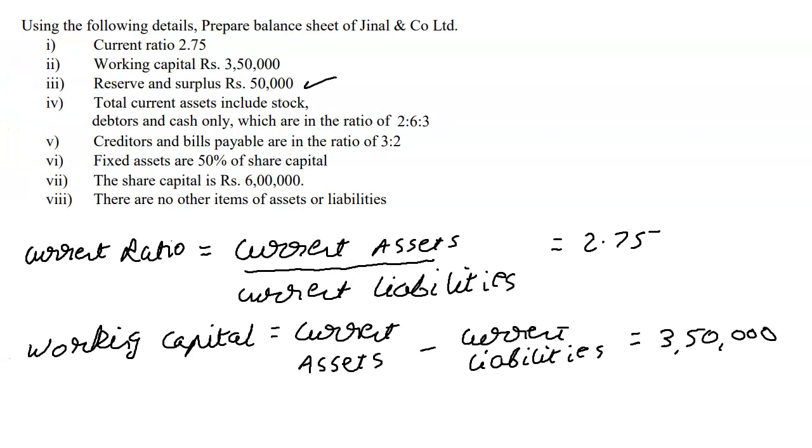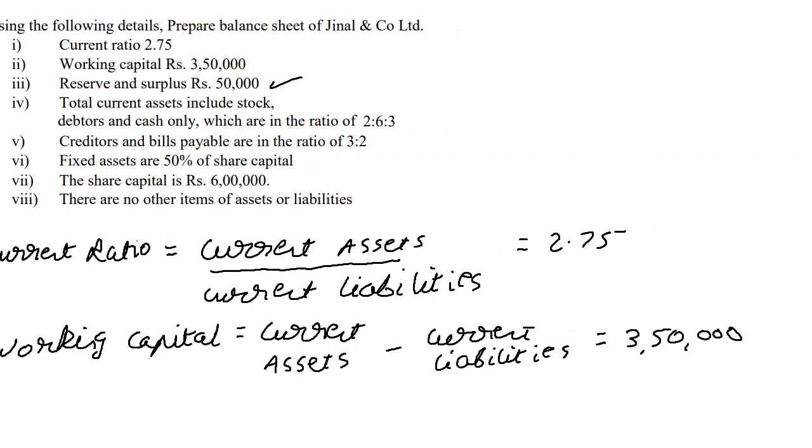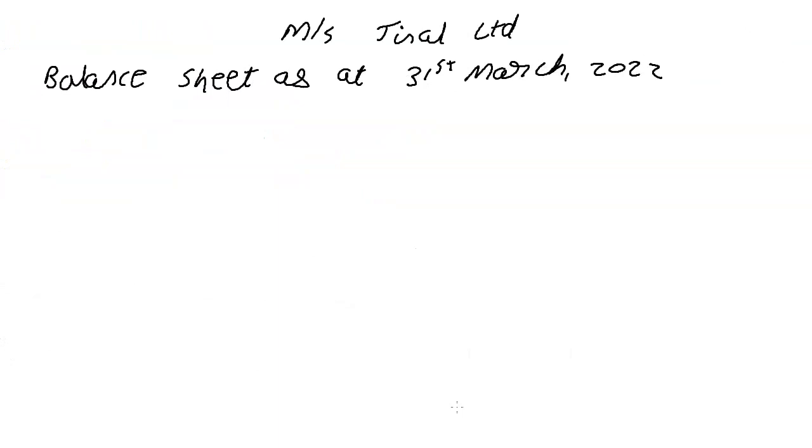Under the liability side, we can write reserves and surplus is 50,000. So we have liabilities. The basic format of horizontal balance sheet: liabilities, amount, assets, amount.